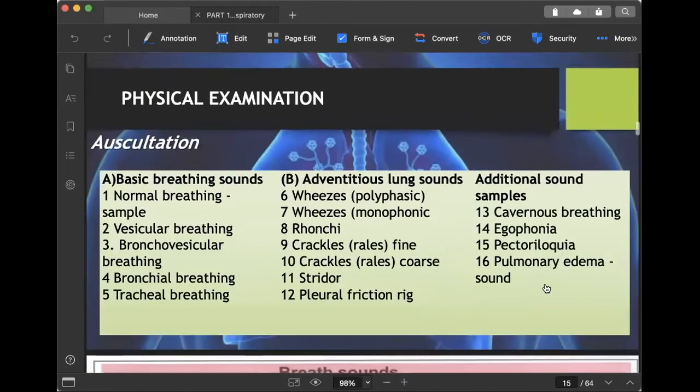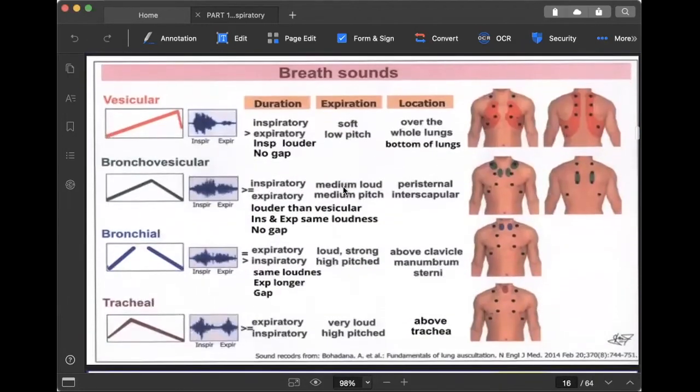Now, most likely during the auscultation period of your assessment, you will be hearing three types of sounds: the basic breathing sounds, the adventitious lung sounds, and the additional sound samples. So we have normal breathing, vesicular breathing, bronchovesicular, and bronchial, and the like. So we're going to differentiate them one by one here.